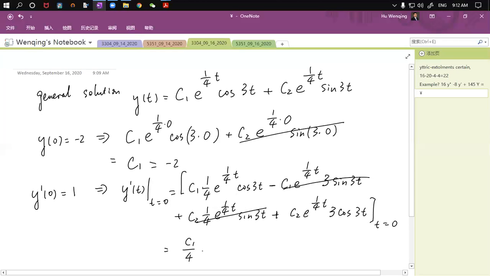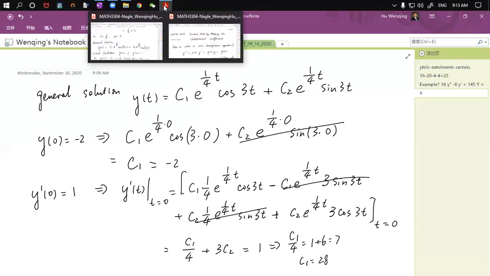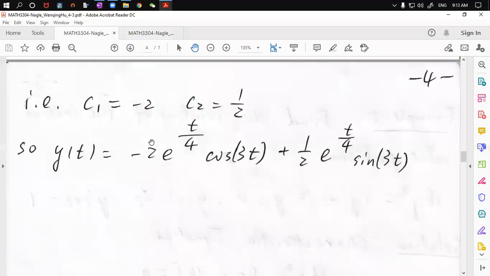So that's a lot of things here. But in the end, it's going to tell you that c1 over 4 is equal to 1, 3c2 is going to be 6, so plus 6 is 7, so c1 is 28.